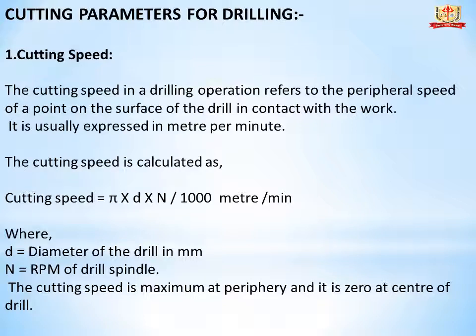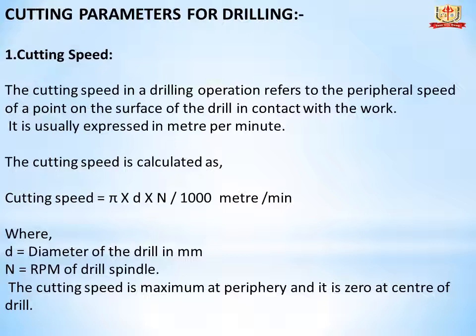Now we study cutting parameters for drilling. First parameter is cutting speed. The cutting speed in a drilling operation refers to the peripheral speed of a point on the surface of the drill in contact with the work. It is usually expressed in meters per minute.